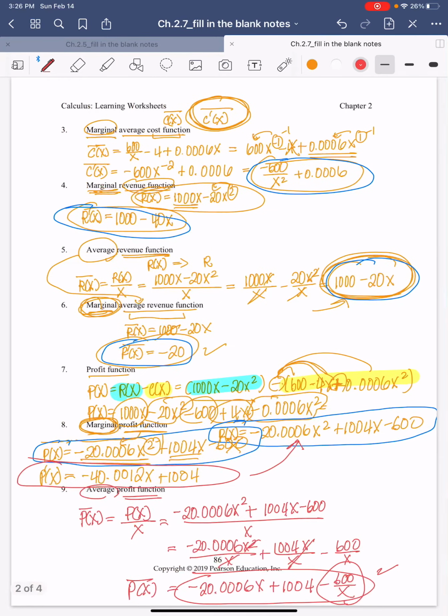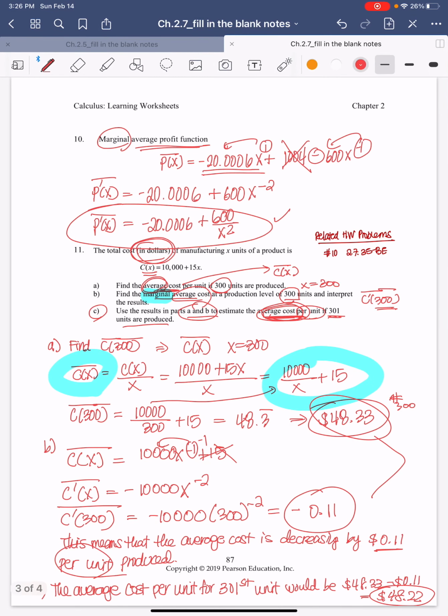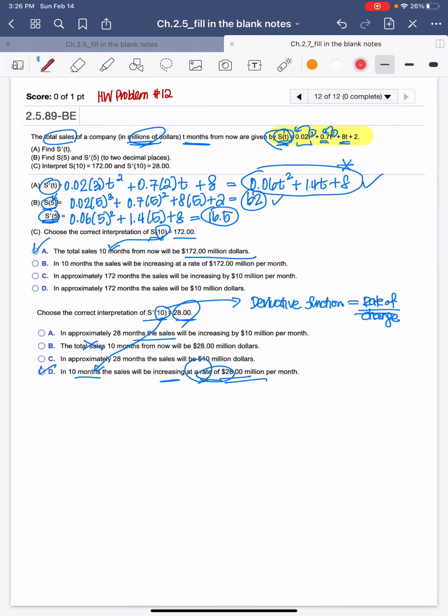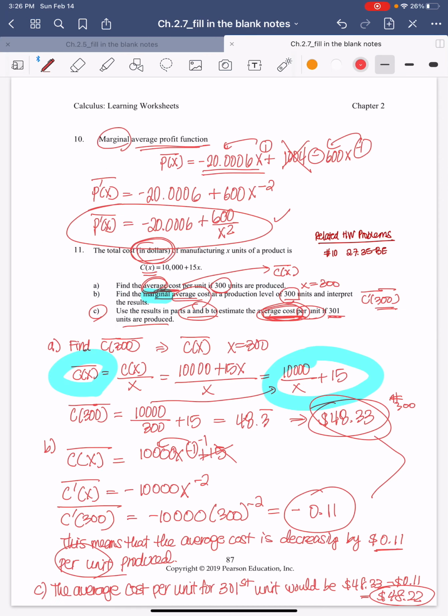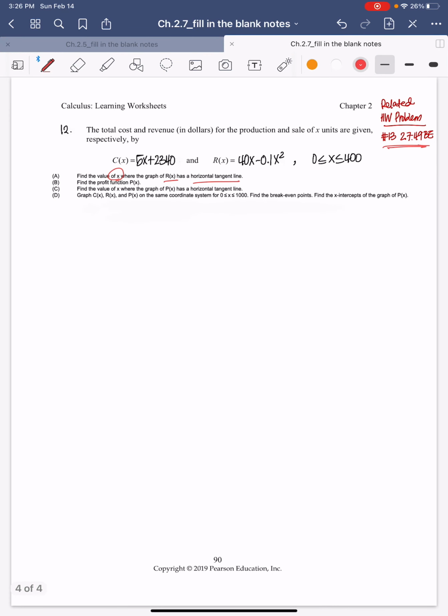We talked about horizontal tangent line earlier in section 2.5, that horizontal tangent line means slope of the function, in other words, first derivative has a value 0. So that's what we are going to do in part A.